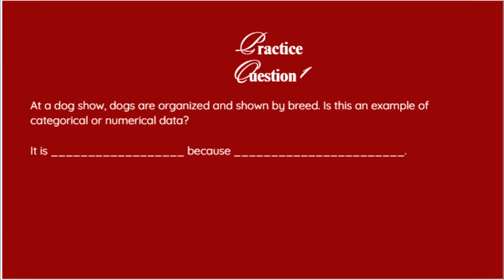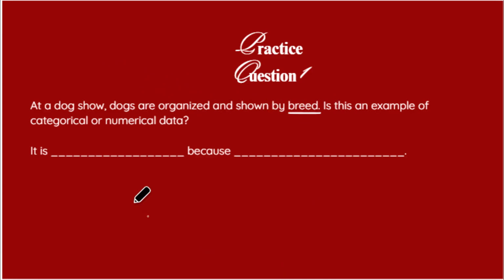Okay. Here is practice question number 1. At a dog show, dogs are organized and shown by breed. Is this an example of categorical or numerical data? Now this one is going to have drop-down lists that you can select from. I didn't have access to that because I'm just looking at the preview of this lesson, not the actual test. So is this the breed?